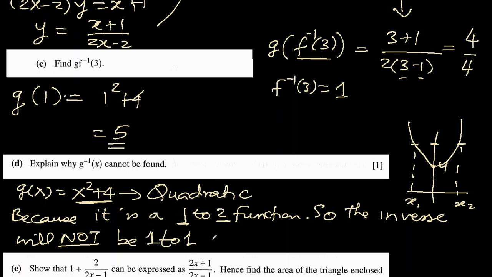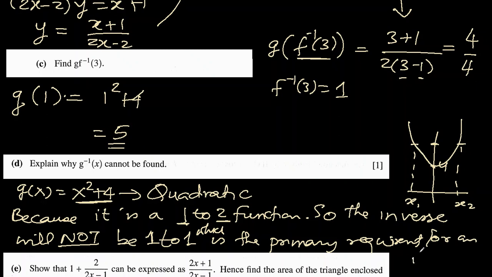And 1 to 1 is the primary requirement for an inverse. If two y's have one x, that is not a function, but its inverse will exist. But here this is a function which is 1 to 2, and that's why it will not have an inverse.